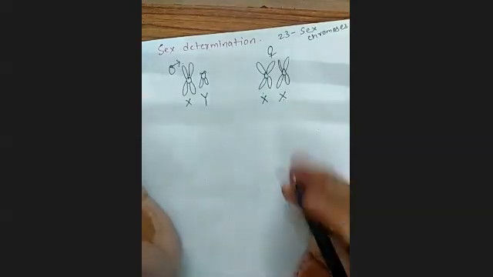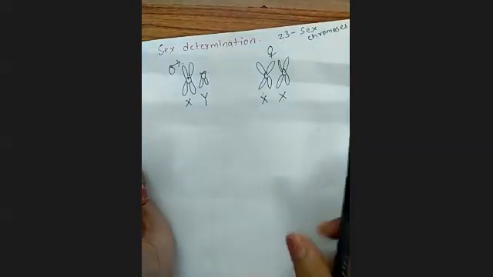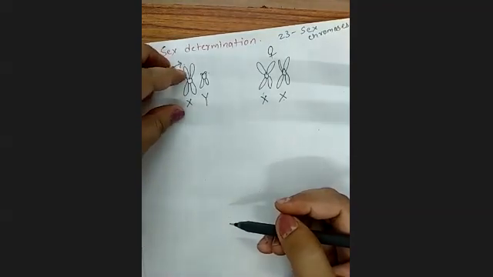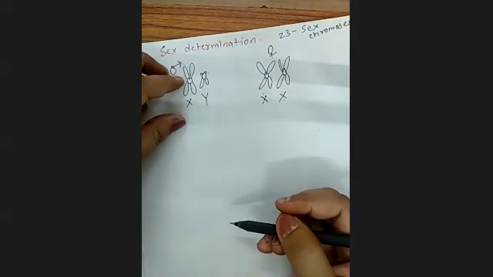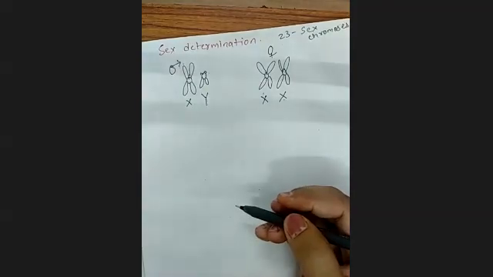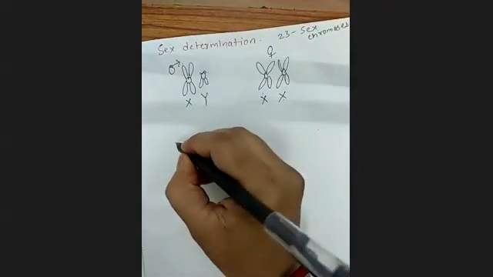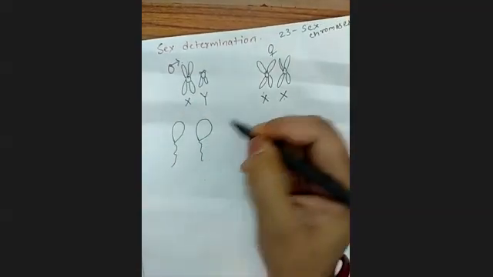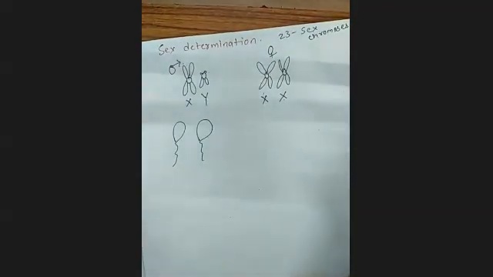Now, let's proceed with this. This is a father, and this father is going to produce the sperms. Suppose 3 to 4 million sperms are produced in one release.